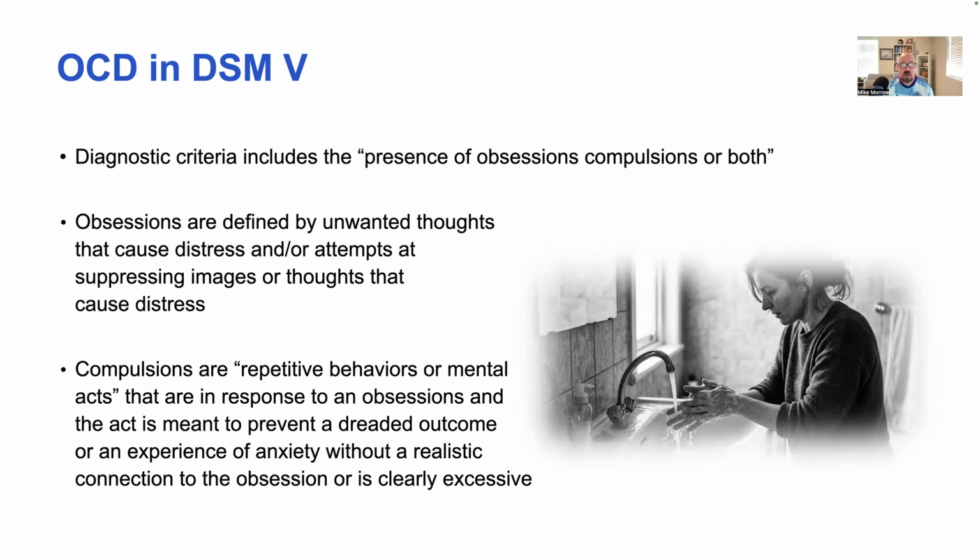OCD in the DSM-5: its diagnostic criteria includes the presence of obsessions and compulsions, or both. Obsessions are defined by unwanted thoughts that cause distress and/or attempts at suppressing images or thoughts that cause distress. Often it's thinking of something that is an unwanted, intrusive thought, something the person does not appreciate going on in their mind.